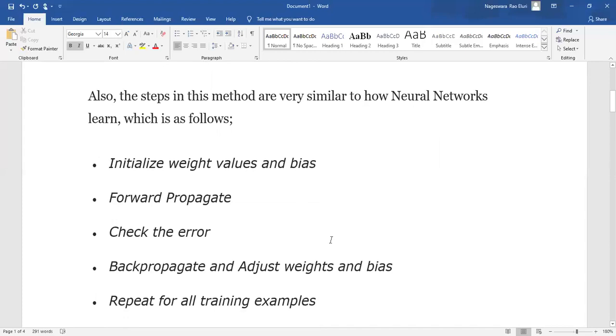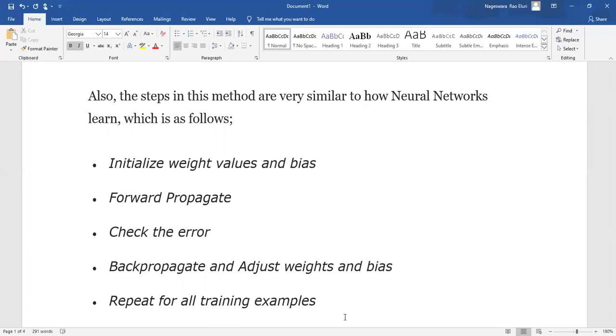If the error is not optimized, we have to back propagate and adjust the weights and bias in the single layer perceptron mechanism. We repeat all this process for all training examples, for all epochs. An epoch is one complete iteration.